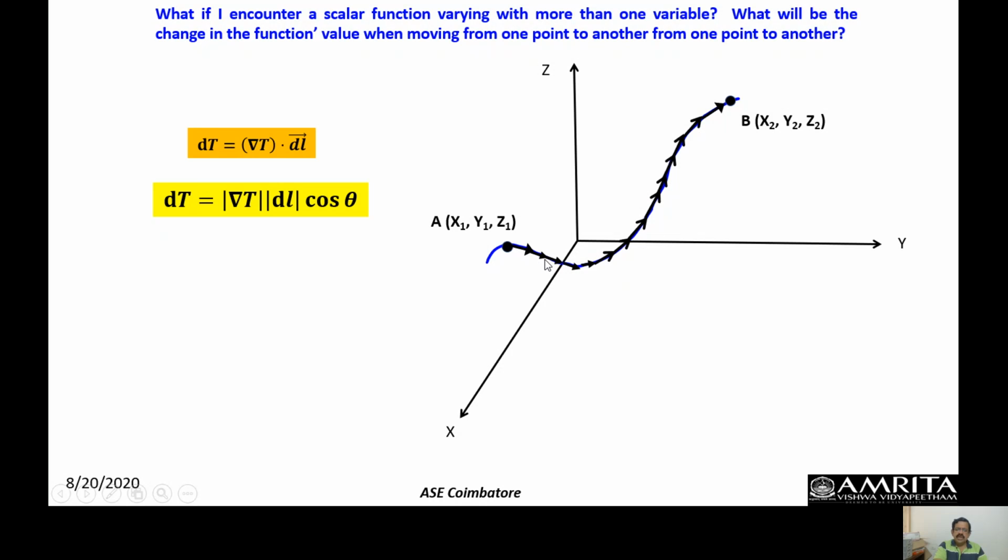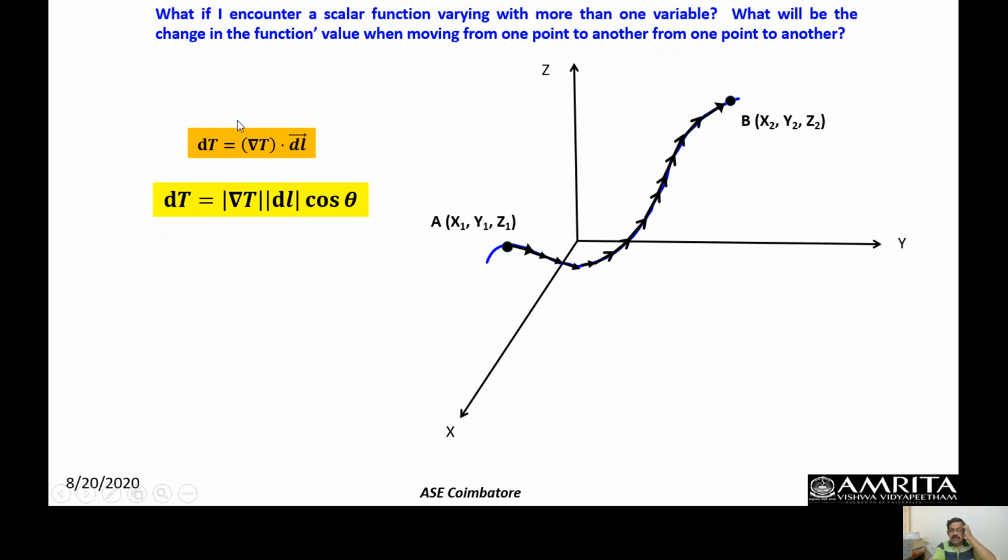Similarly, I do that for del T between this point and this point. At this point, I compute del T and dot it with the displacement. At this point, I compute del T, dot it with this. So essentially, the change in the temperature function between point B and point A is the summation of all the variations that we are going to obtain.